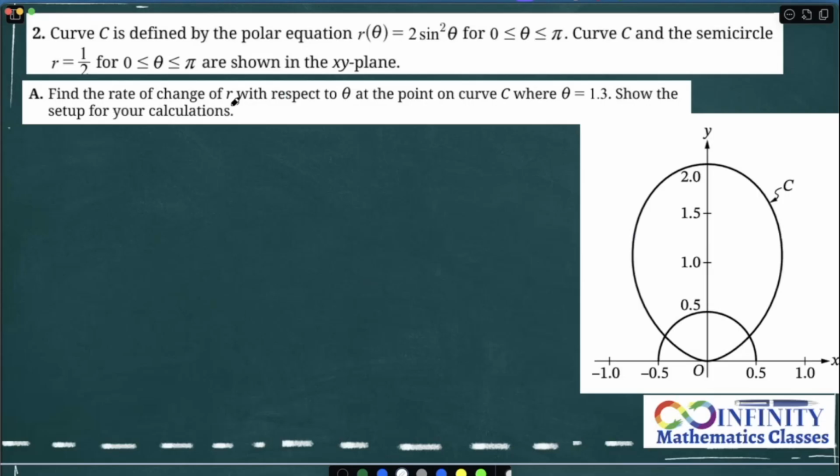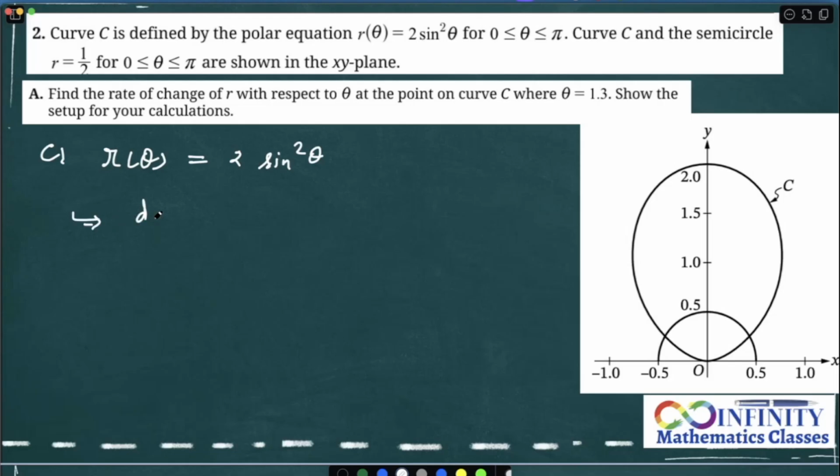Find the rate of change of r with respect to theta at the point on the curve C. Now, how is C defined? C is defined with the polar equation r(theta) equals sine squared theta.